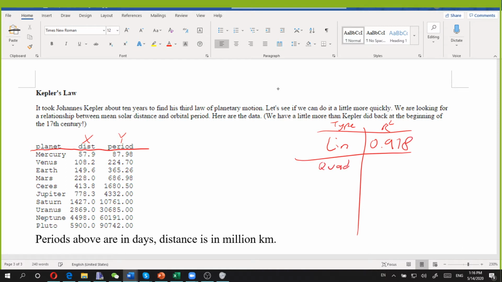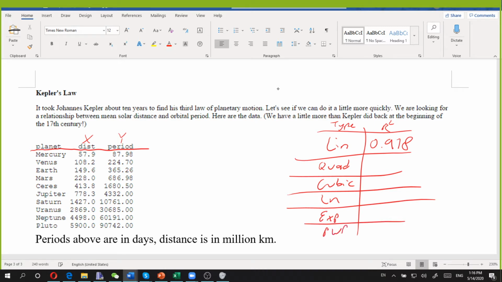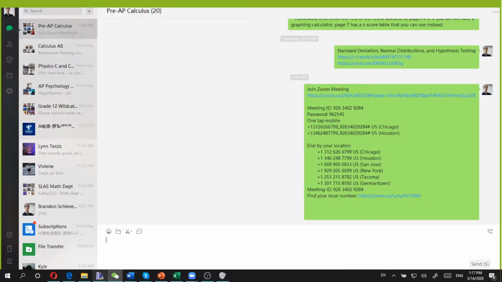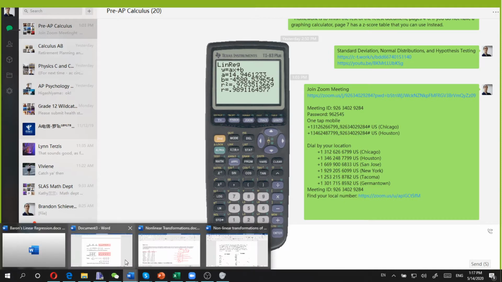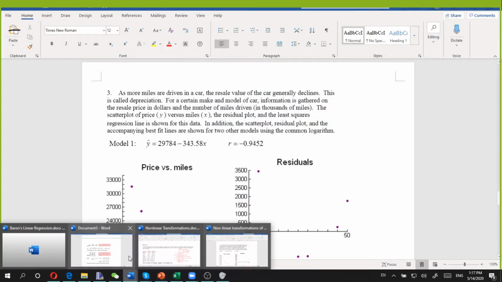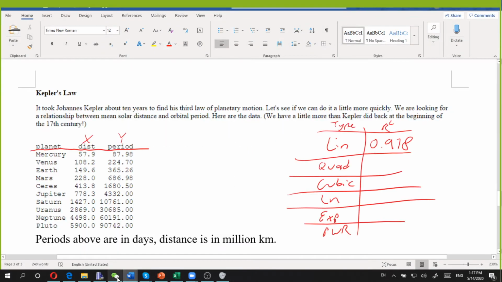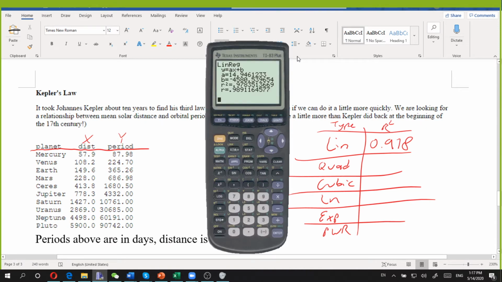I'm also going to test quadratic, cubic, logarithmic, exponential, and power. Quadratic has an r squared of 0.9997.